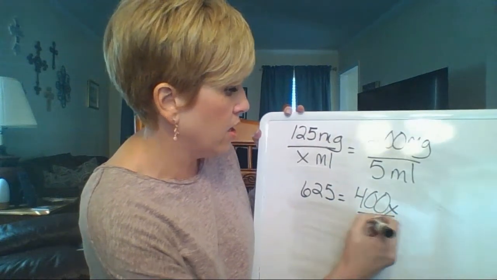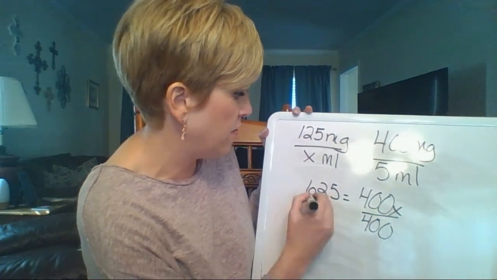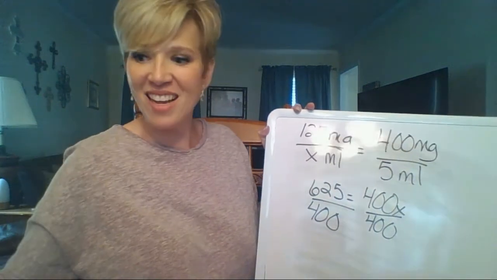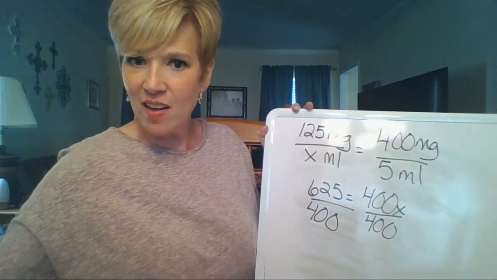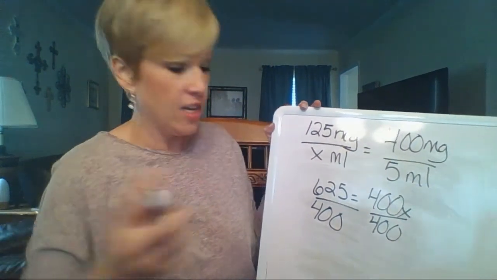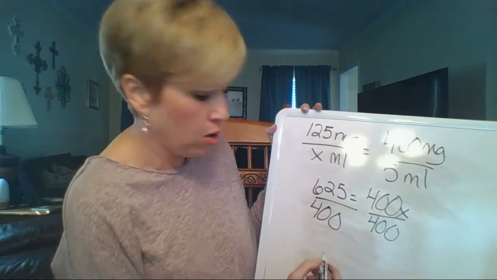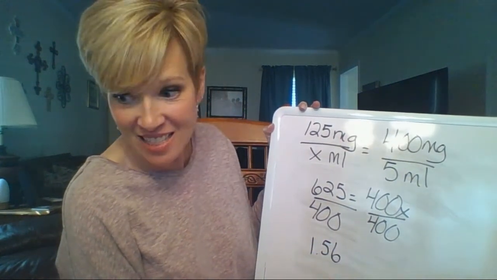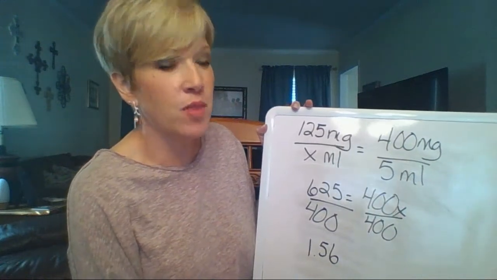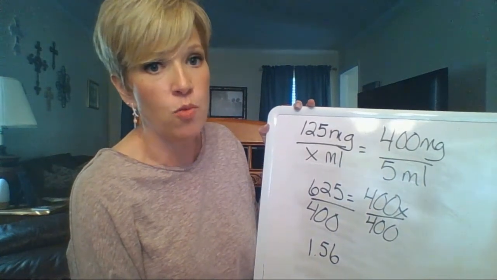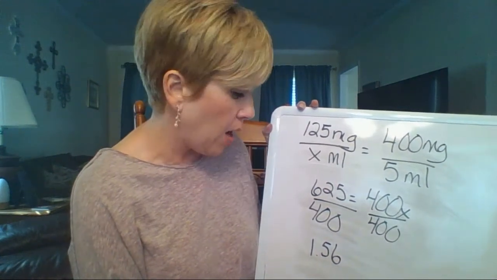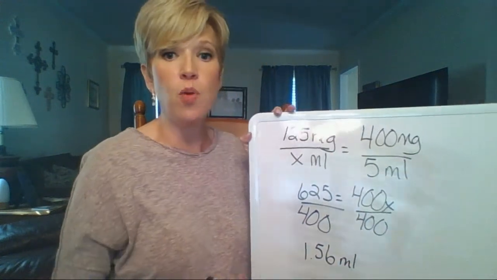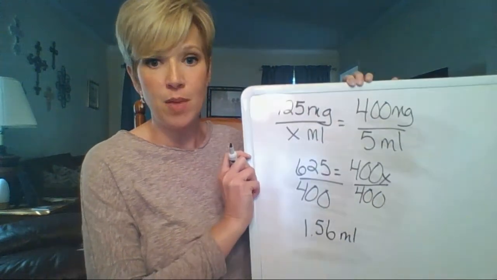And then we're going to have to divide by 400. That is going to equal 1.56. They might round that down to 1.5 milliliters, but the correct answer would be 1.56 milliliters.